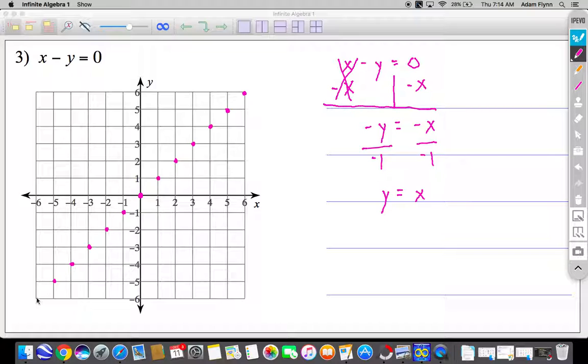Now I'll get my line tool and add some little arrows, just to show that this line goes on forever. All right, moving on.